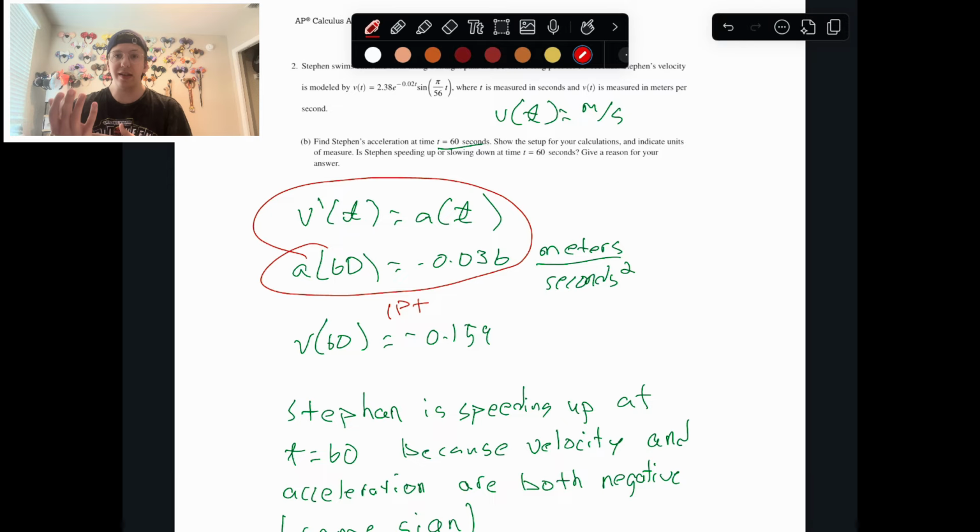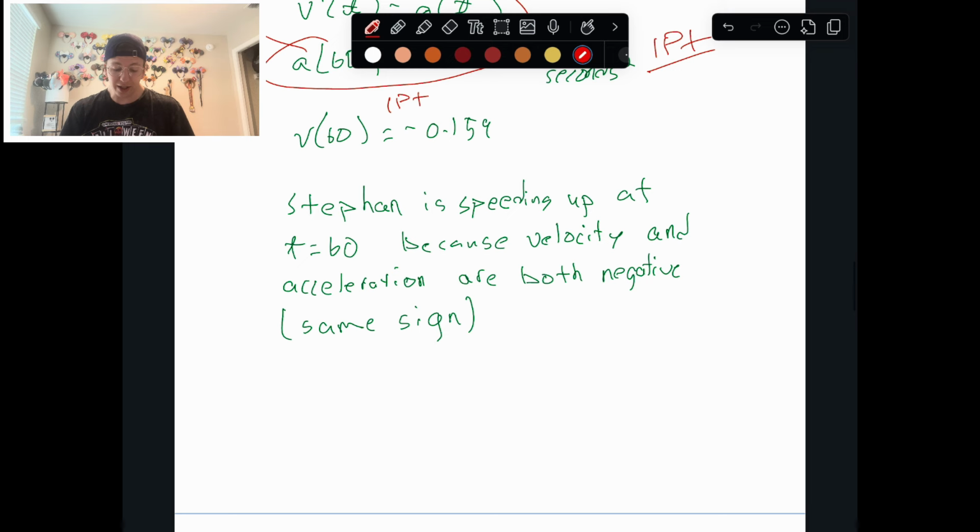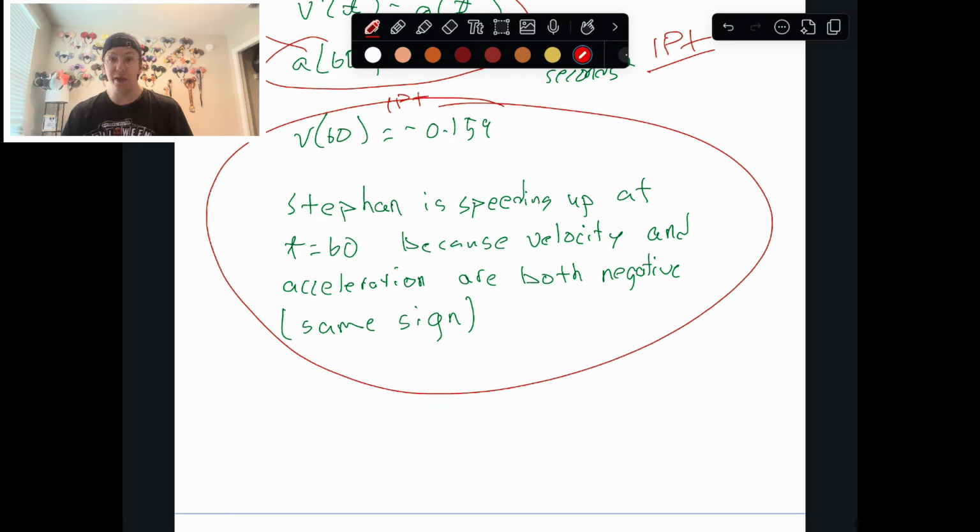If you just threw the acceleration function there without describing how the velocity and acceleration are connected, they're not going to give you that point. They also gave you 1 point because they specifically asked for your units. So if you gave your units, you would have gotten another point. And lastly, they would have given you a point for your reasoning about Stephen speeding up. So all in all, that question was worth 3 points in total.